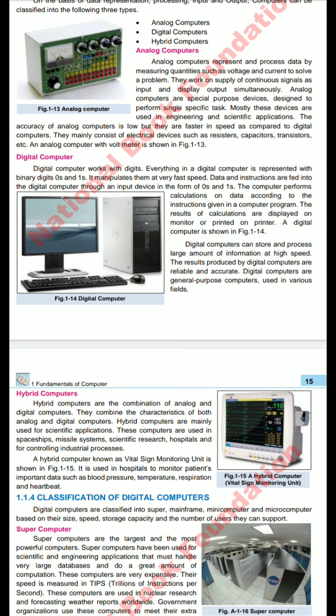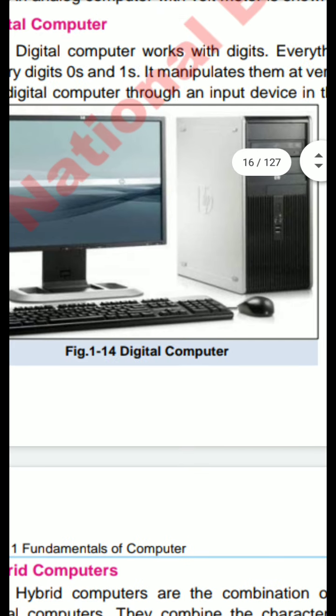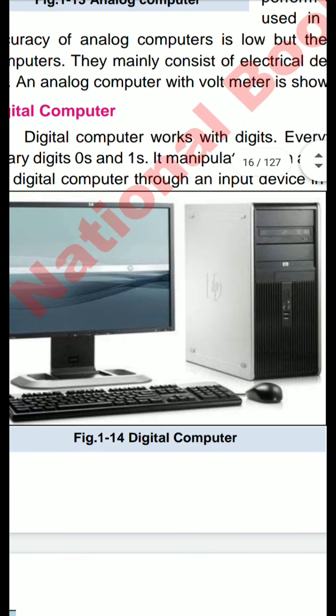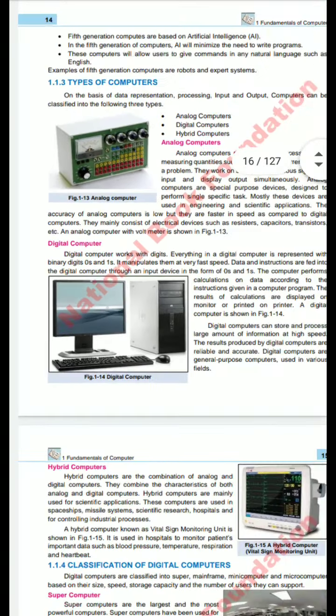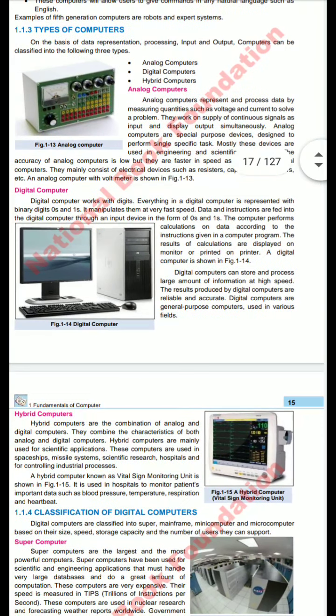This belongs to the definition of a computer, which is an electronic device that takes data as input, processes that input and shows the result as output. Dear student, this is the diagram of a digital computer. Here is a keyboard, a mouse, a CPU and the LCD or monitor. Digital computers can store and process large amounts of information at high speed.